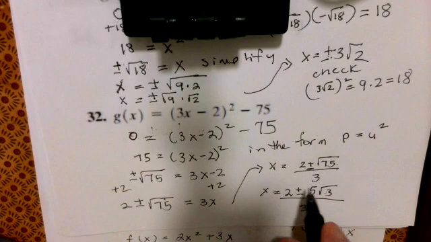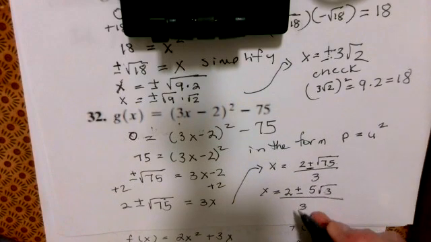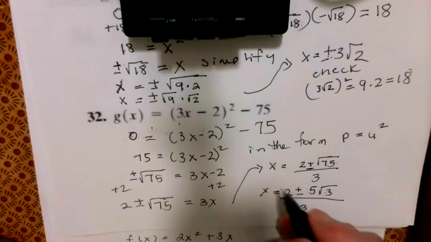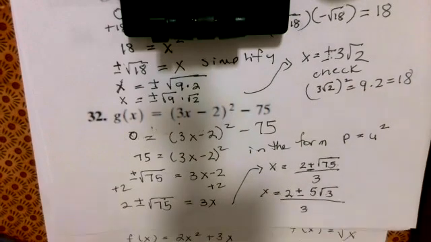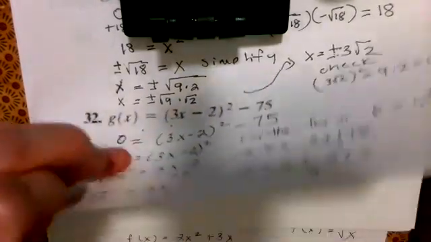You have to be able to factor the 3 out of both terms. You can't just cancel a term here or cancel a term here. You have to factor it out and then cancel the factored 3 with this 3, if that were possible. In this case, that doesn't apply. Okay, and that is using the square root property.